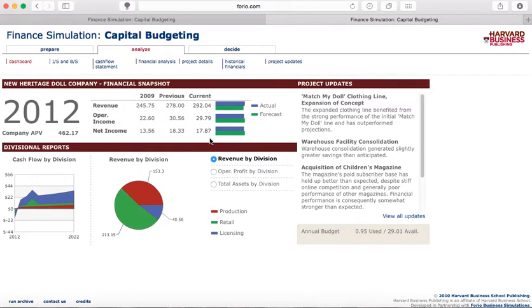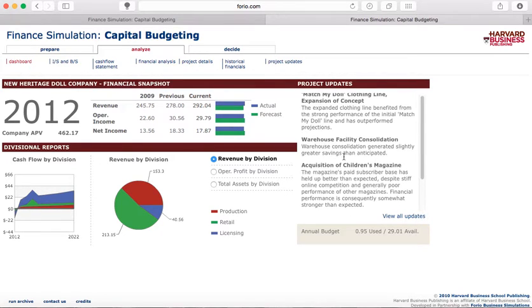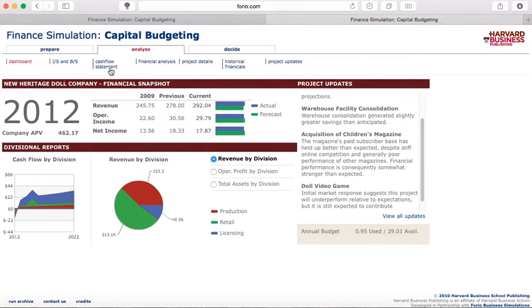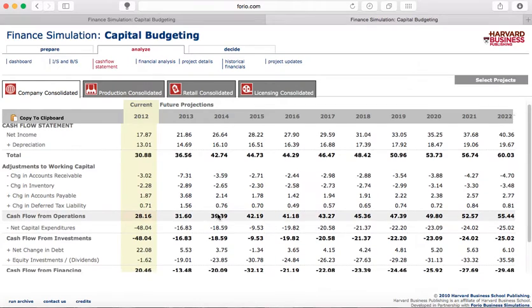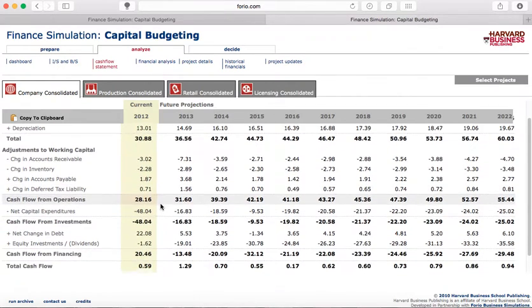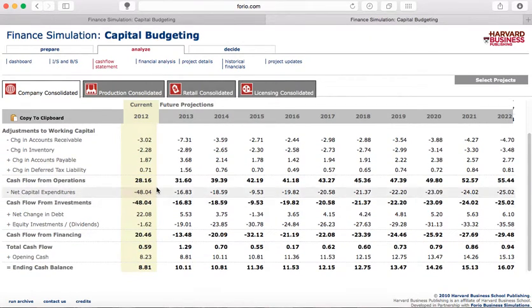It looks like we have once again increased our revenue, but operating and net income have decreased. Once again, this is still recoverable. Looking at cash flows, we can see that we did have a smaller number than we have in the past, but still expected to keep increasing over future projections.